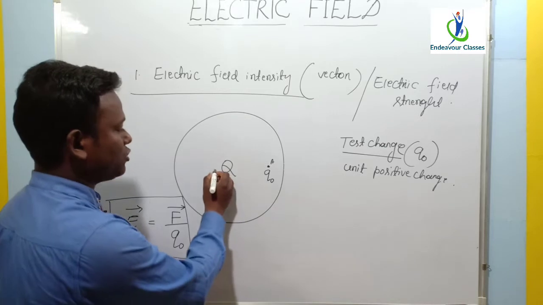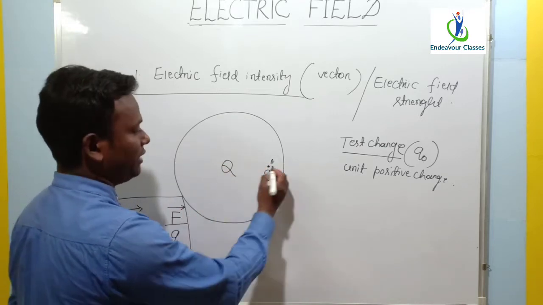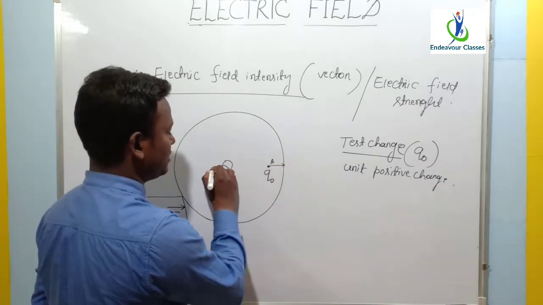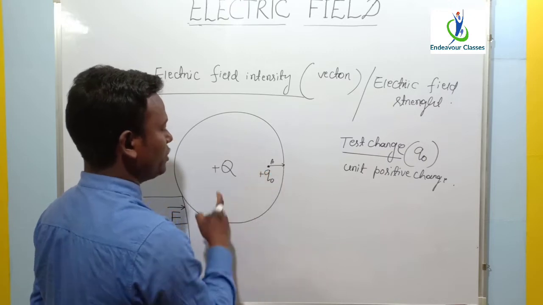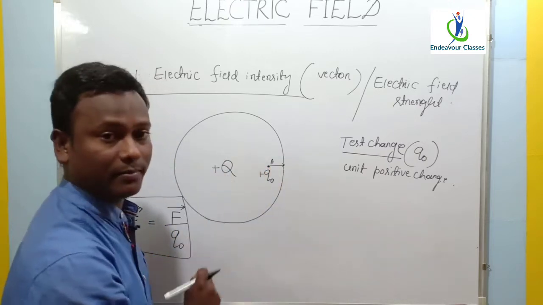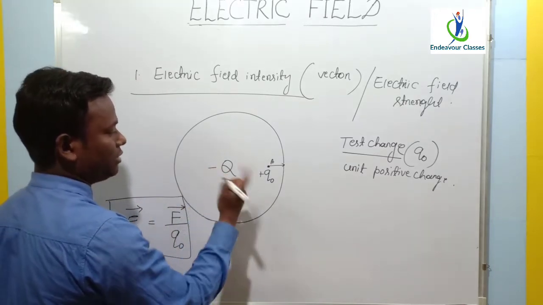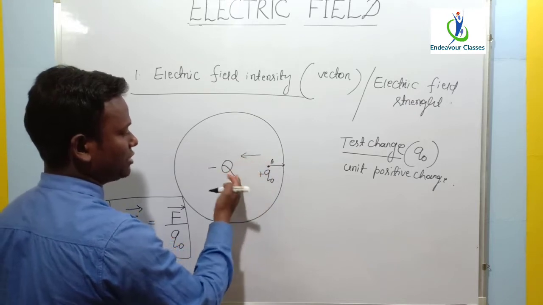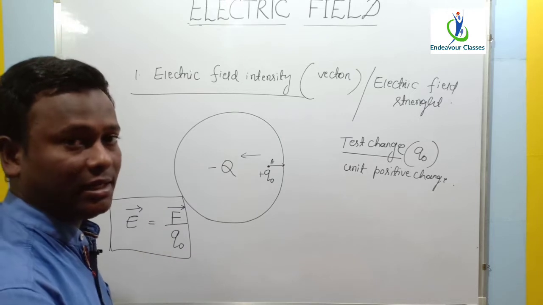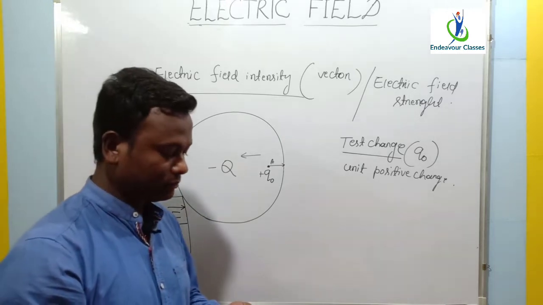If the source charge is positive, then the direction of the electric field intensity will be away from the charge, away from the source charge. And if the source charge is negative, then the direction will be towards the charge. So the direction of electric field intensity is along the direction of the force between the charges.